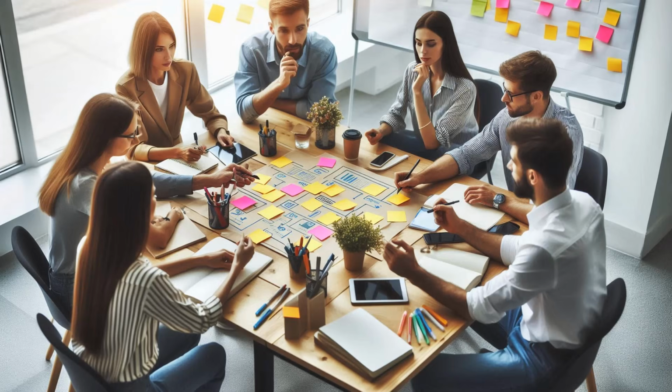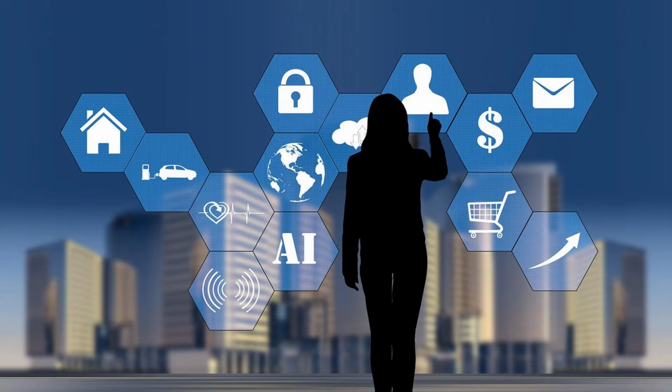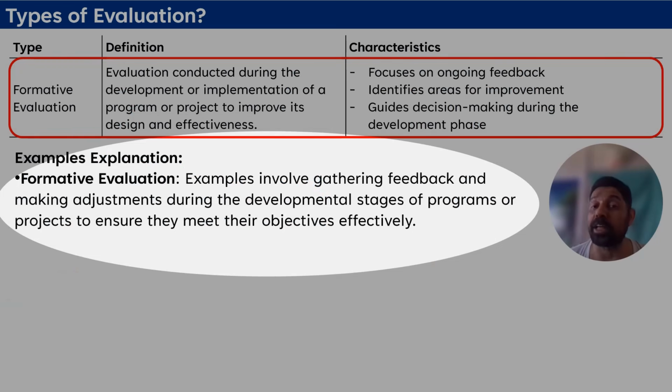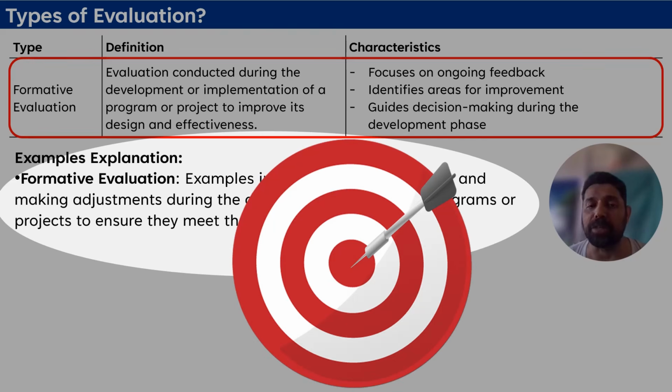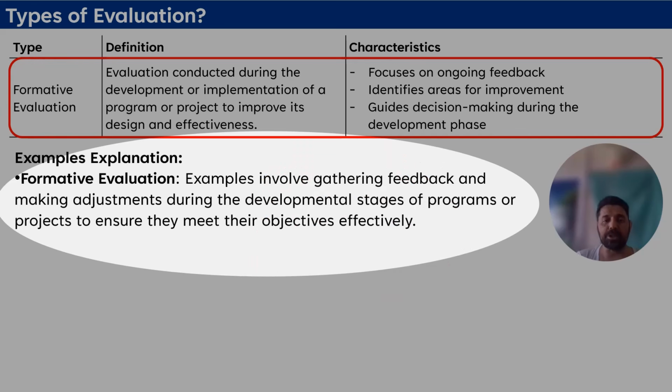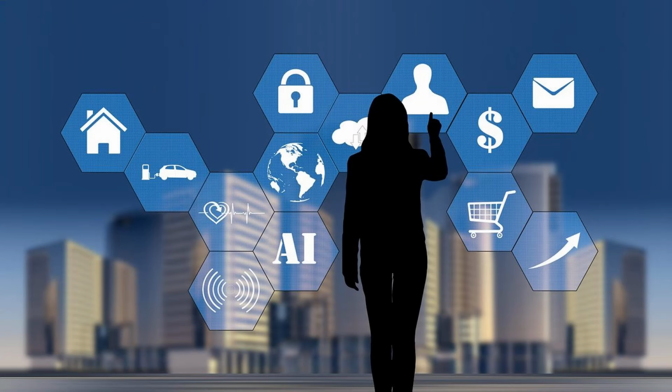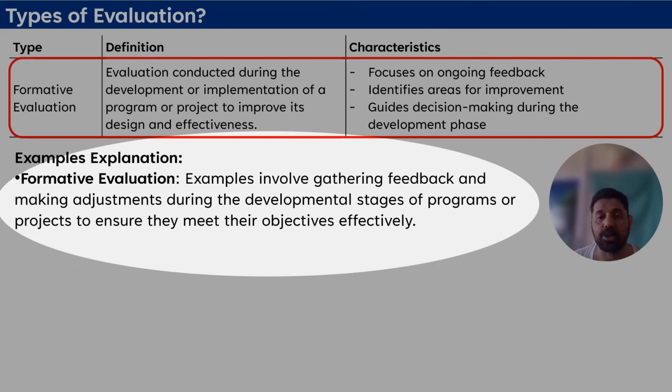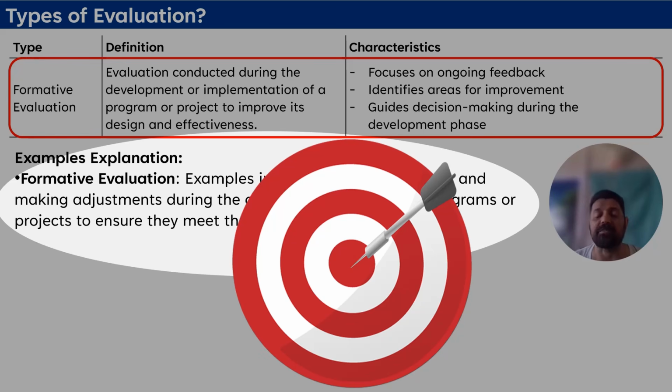Examples involve gathering feedback and making adjustments during the development stages of programs or projects to ensure they meet their objectives effectively. So during the project, you gather feedback about different activities so that you make adjustments to ensure that they are on track and meet their objectives effectively.